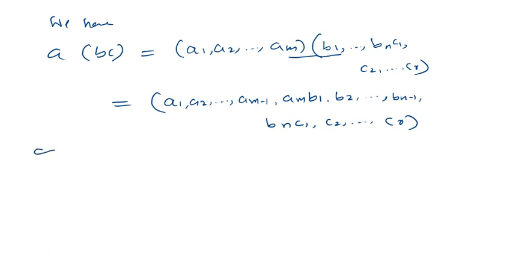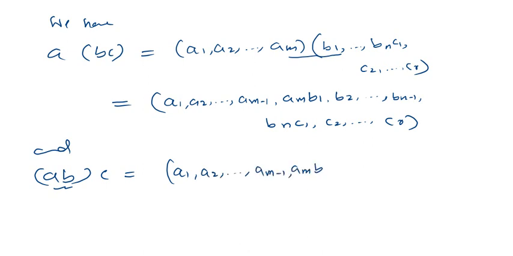And this product (AB)C, you will see they are both equal actually. This is equal to, the index is same, it's A1 A2 ... AM minus 1, then AM B1 B2 ... Bn with this C, C1 C2 ... Cr.